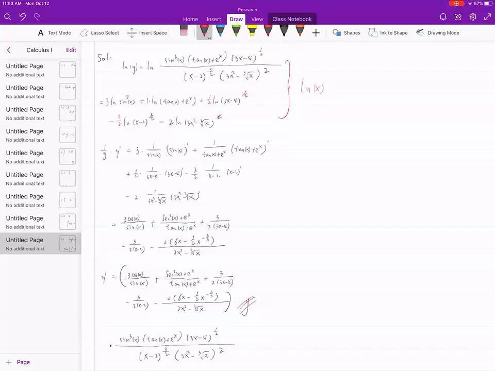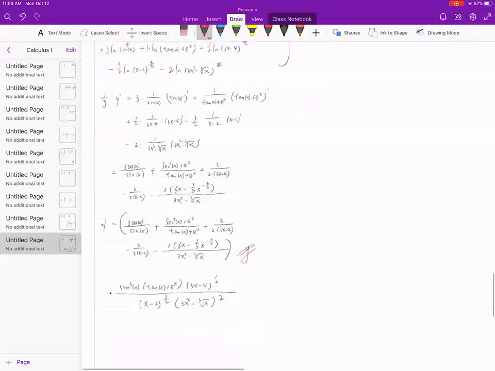Don't take any derivative yet. The second part is take all the derivatives up to the level you feel comfortable, using chain rule.